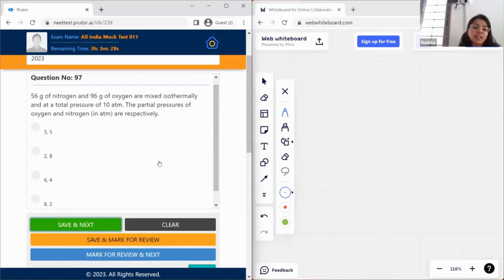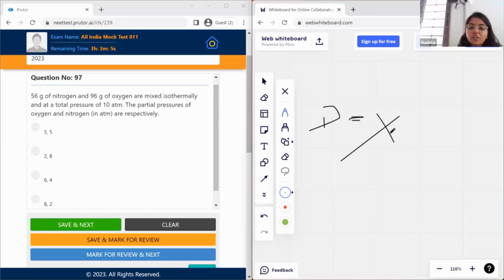56 gram of nitrogen and 96 gram of oxygen are mixed isothermally, and the total pressure is 10 atm. Find the partial pressure of oxygen and nitrogen. There is a law that the partial pressure of a substance equals the mole fraction into the total pressure. 56 gram of nitrogen equals 2 moles, and 96 gram of oxygen equals 3 moles.